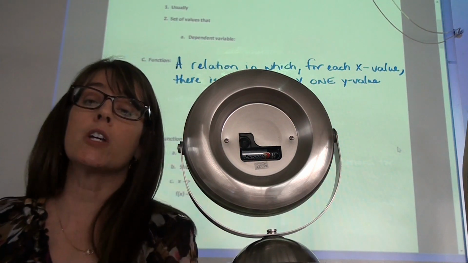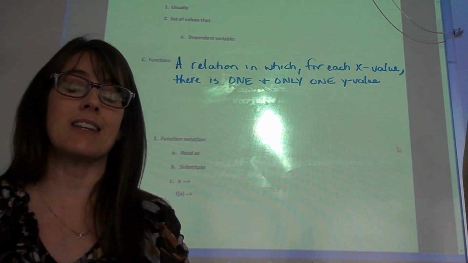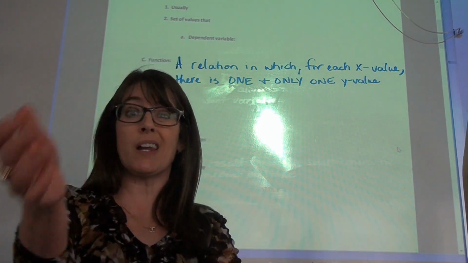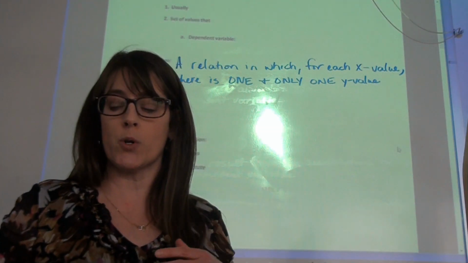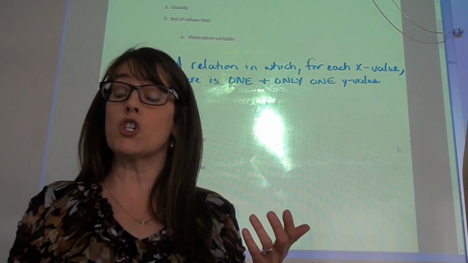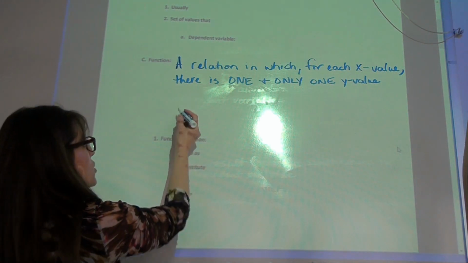Now, it is much easier to identify what is not a function as opposed to what is a function. Kind of like I said, it's easier to identify your dependent variable than it is your independent variable, kind of coming through the back door, doing it a little bit backwards. Same thing here, it's easier to do it a little bit backwards and identify what's not a function as opposed to what is a function. So you need to burn this picture in your brain.